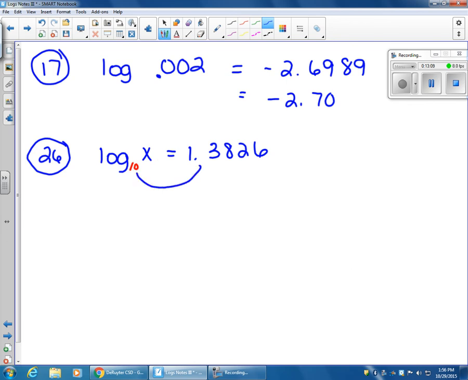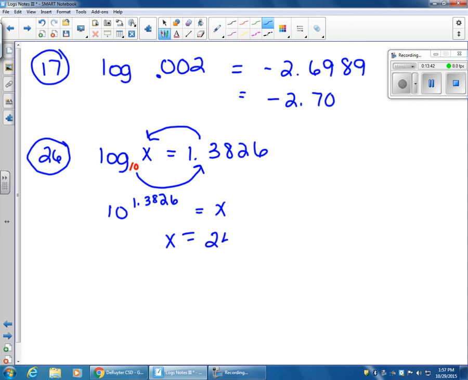Then we rewrite it as an exponential: 10 to this power equals x. So 10 to the 1.3826 equals x. And again, you're using your calculator to do 10 to that power, and round to 4 decimal places.